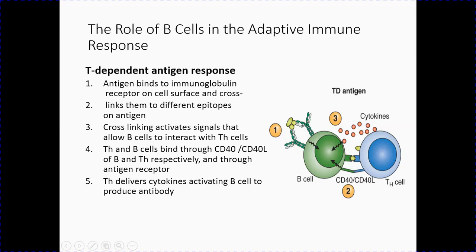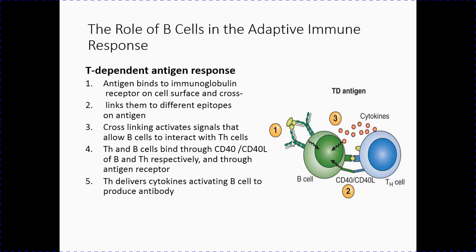We have the heavy chain and we have the light chain. And this area right here at the top of these two chains is the variable region. It's going to bind to specific antigen. So we have an antigen here with a couple of epitopes, and they bind together, and they cross-link two of these immunoglobulins on the surface of the mature B cell. This cross-linking activates the B cell to produce antibody.